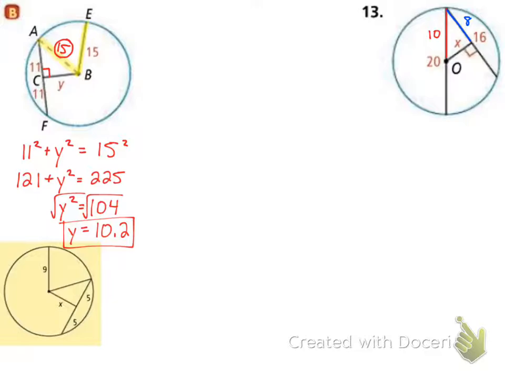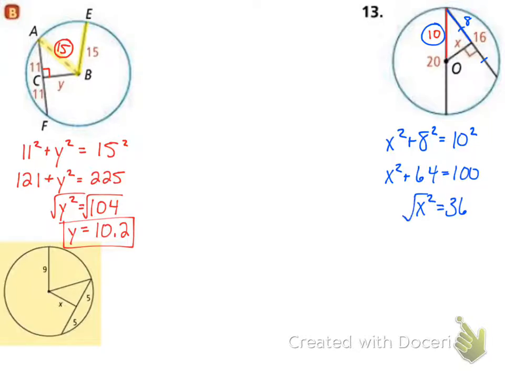Again, it's perpendicular, which means that it is being cut in half as well. So 10 is my hypotenuse, so I can go x squared plus 8 squared is equal to 10 squared. I get x squared plus 64 is equal to 100. So x squared is equal to 36. Take the square root of both sides, and so x is equal to 6.